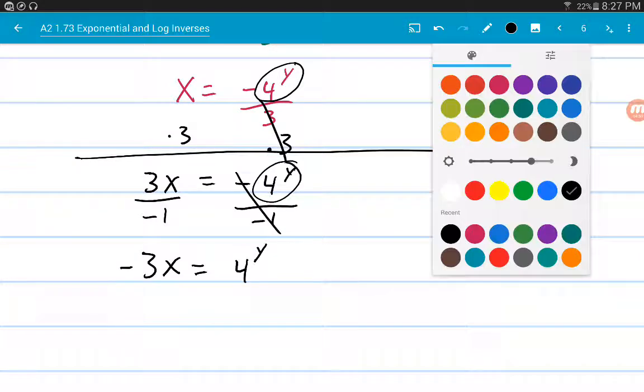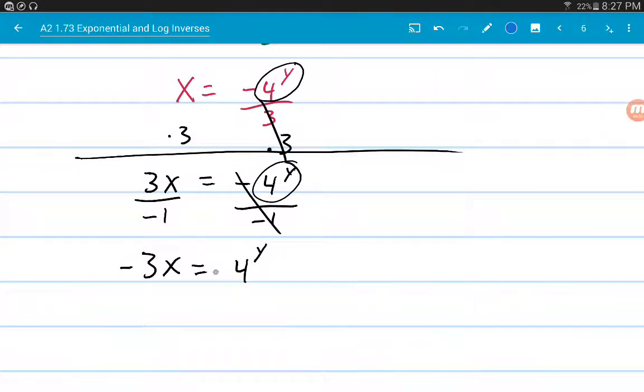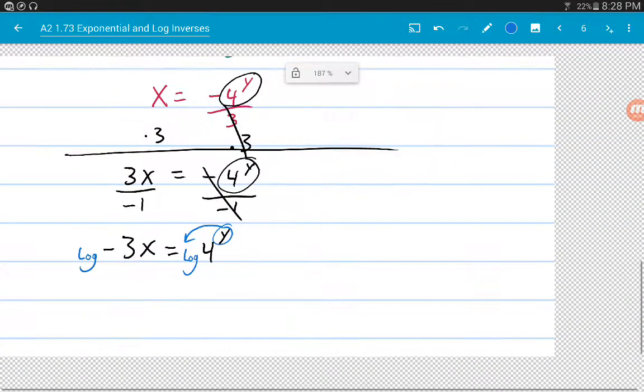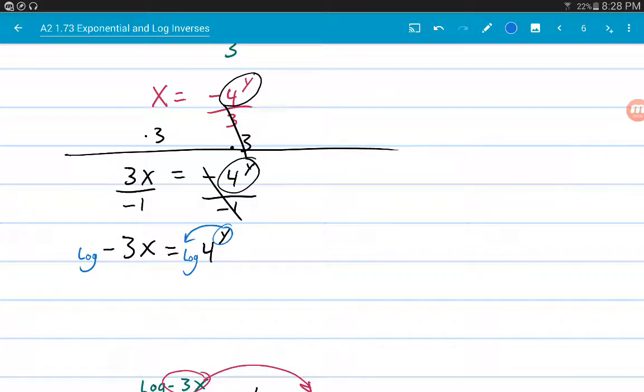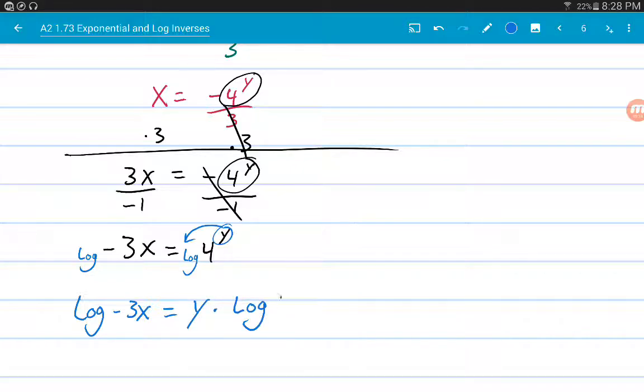Now in order to bring that y down so I can solve for it, I'm going to have to log both sides. Once it's logged, I can bring down the y. What I have now is log of negative 3x is equal to y times log of 4.